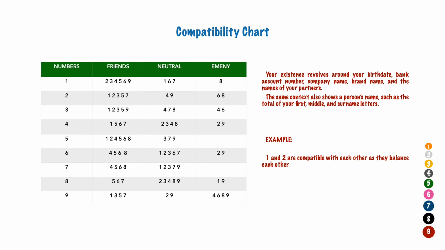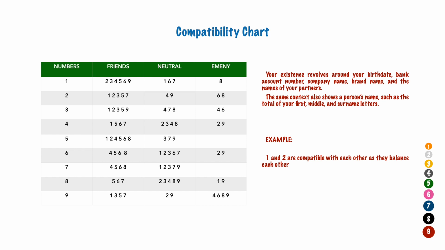Number 4 is friends with number 1, 5, 6 and 7. They are neutral with number 2, 3, 4 and 8. But they are incompatible with 2 and 9. You again see either they are neutral or they are inimical based on the situation or some other deeper analysis. Number 5 is a balanced number, as you know. It belongs to Mercury.